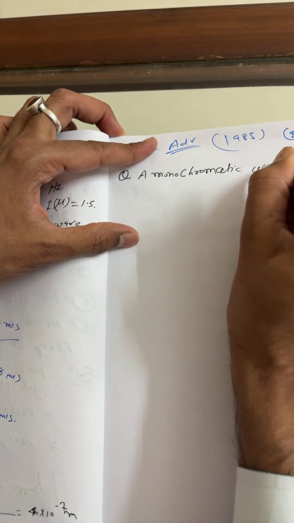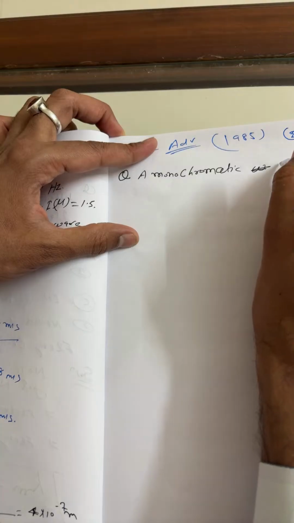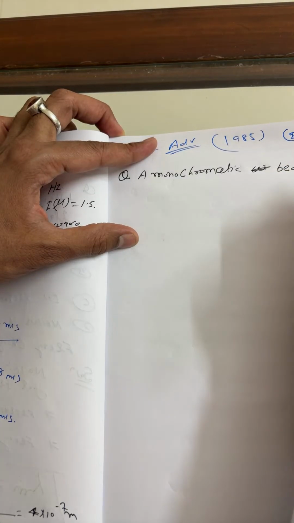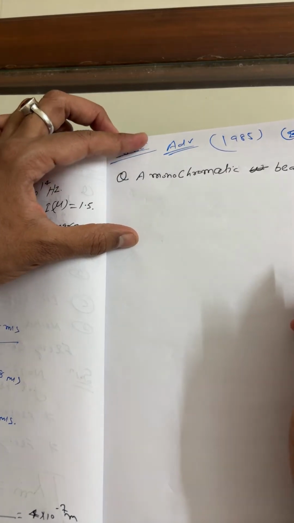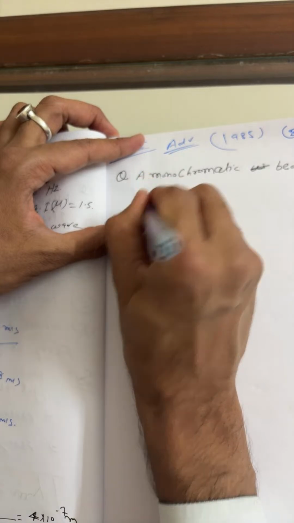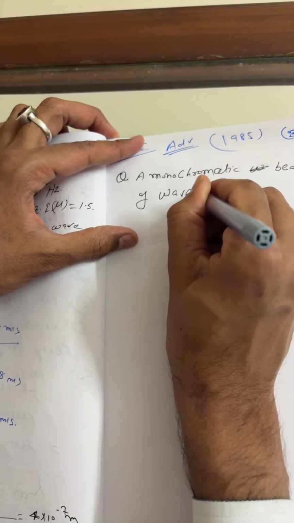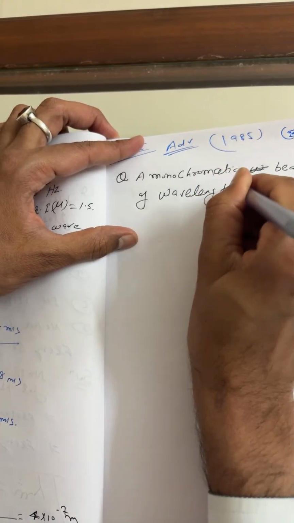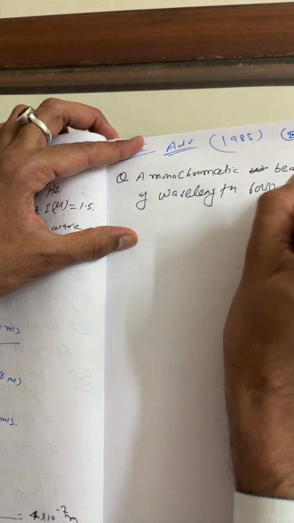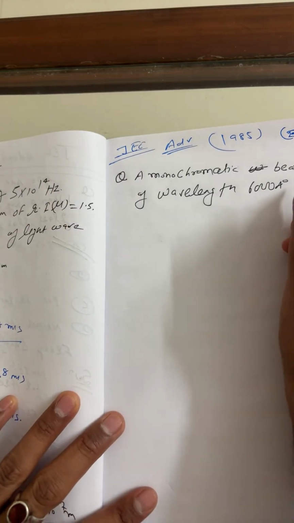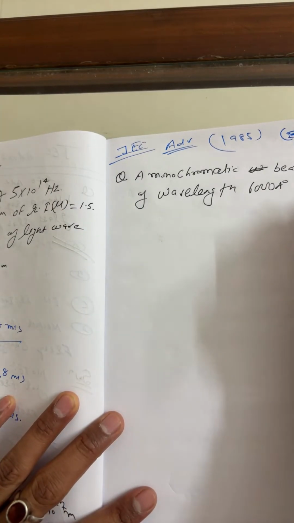A monochromatic beam of light of wavelength 6000 angstrom in vacuum.